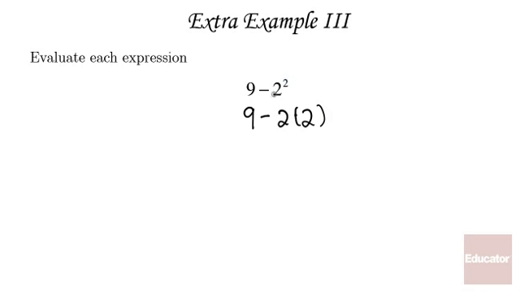So we're going to have to solve this before subtracting. So 2 times 2 is 4. So I'm going to write 9 minus the 4. And then 9 minus 4 is 5. Okay, so 9 minus 2 squared is 5.